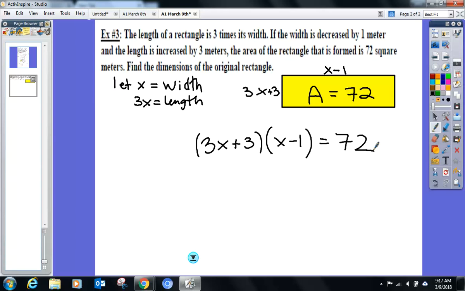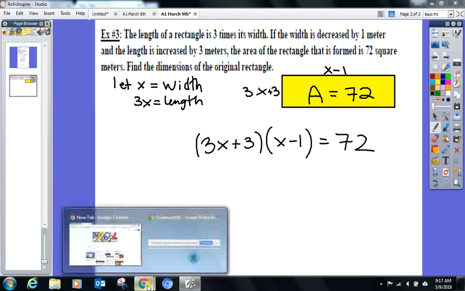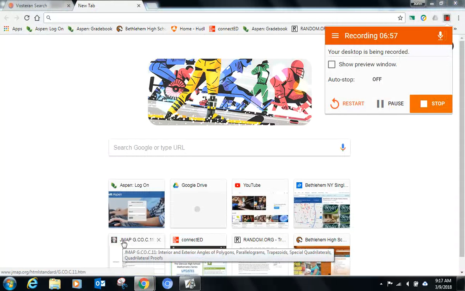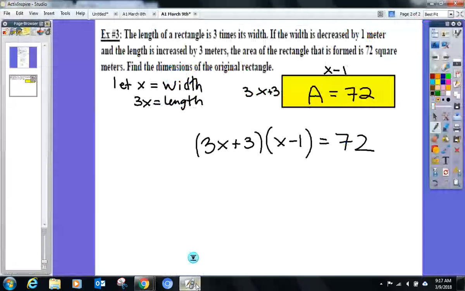And what do I have to do with these two? Double distribute. All right. This stuff never goes away, I know. Help me double distribute. 3x squared minus 3x plus 3x minus 3 equals 72.